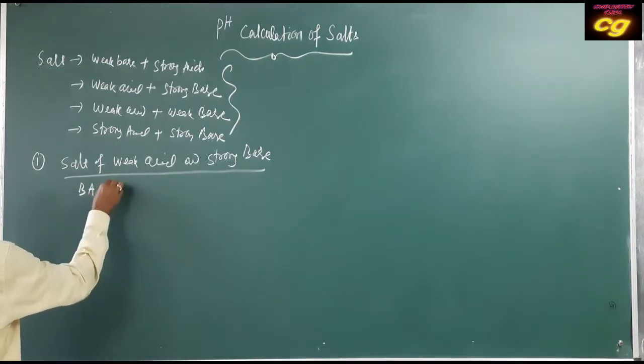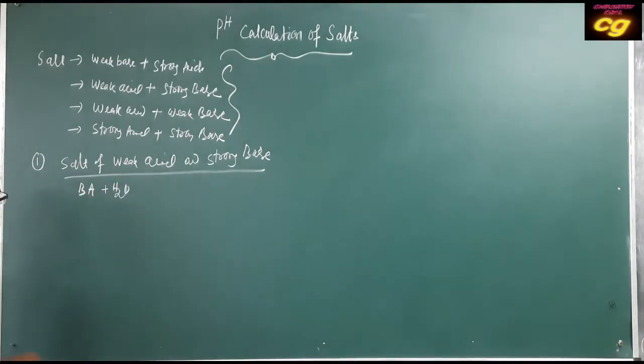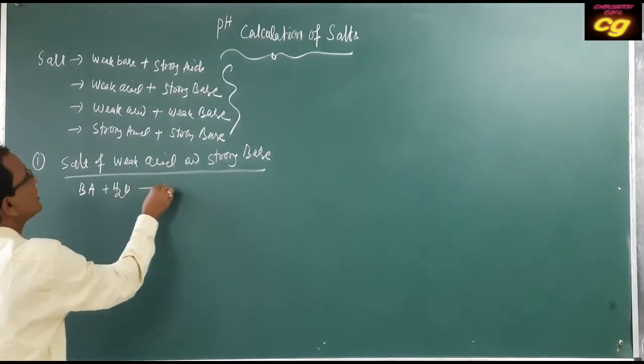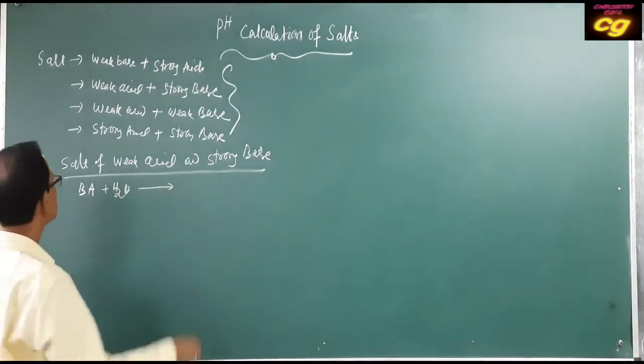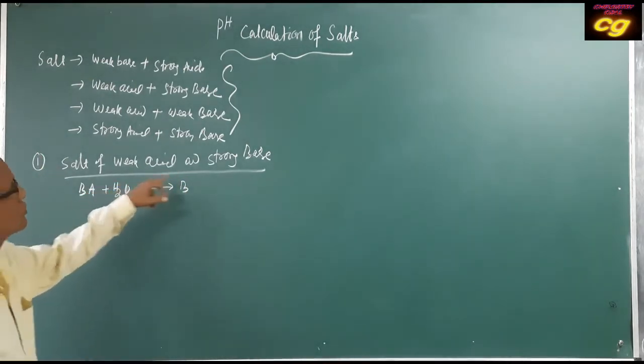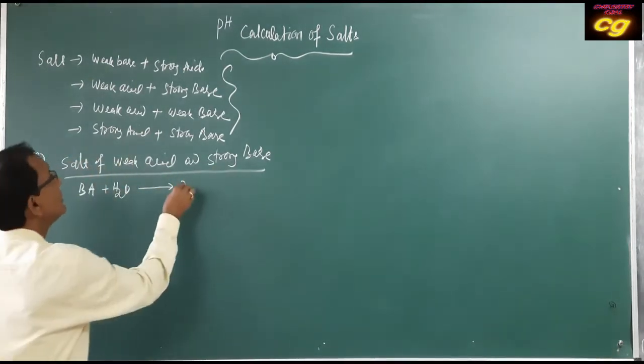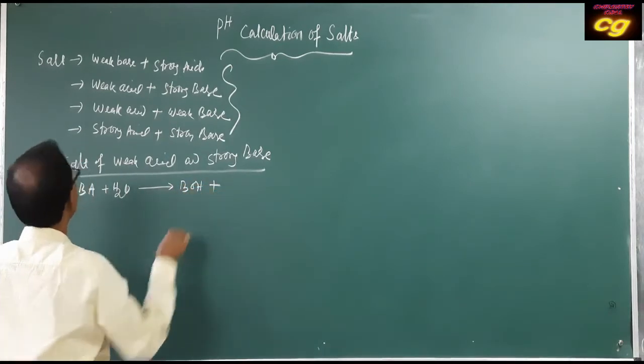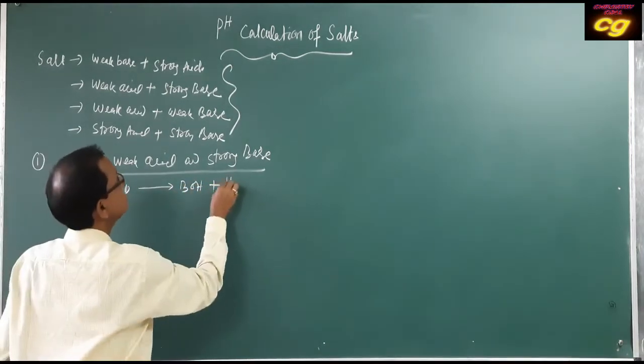When salt hydrolyzes in water, it will produce base and acid. As it is a strong base, we can write BOH, and the acid is HA.